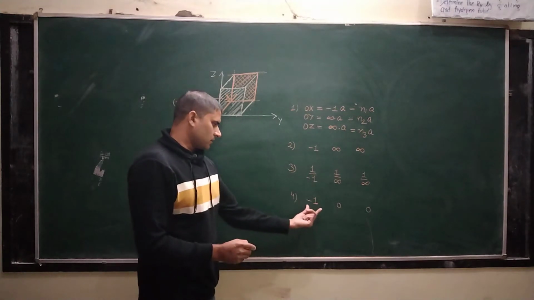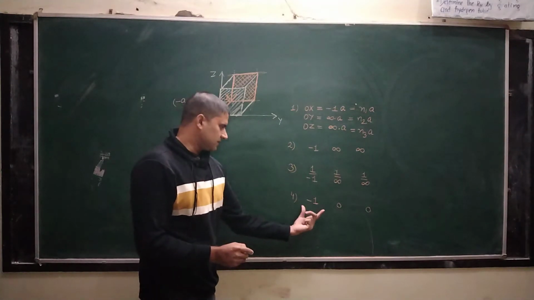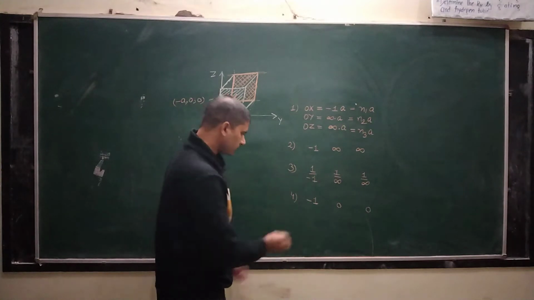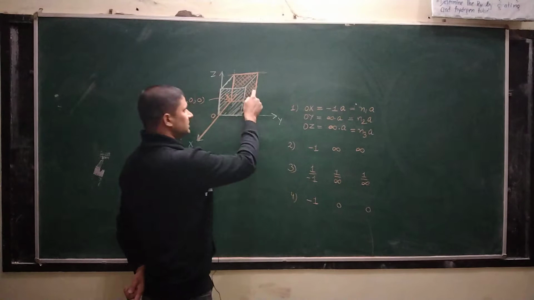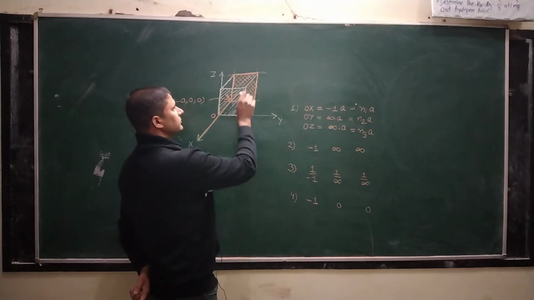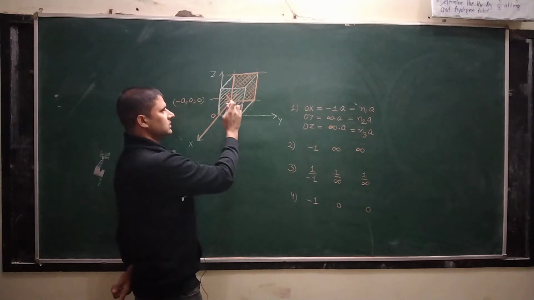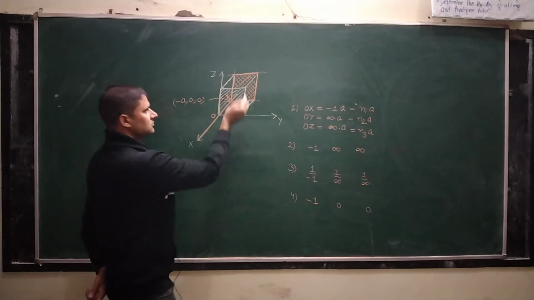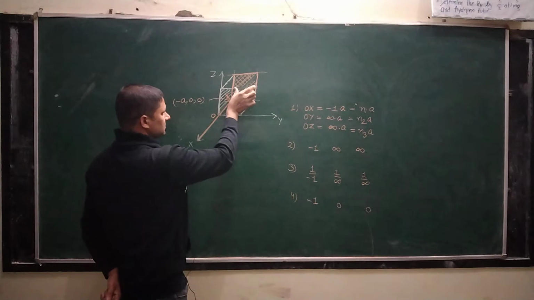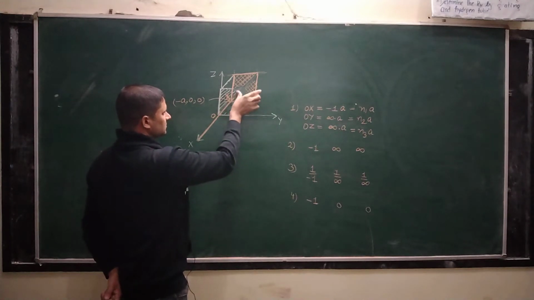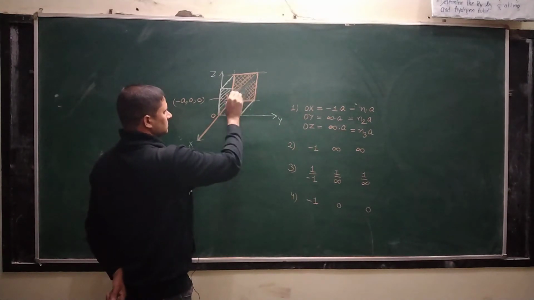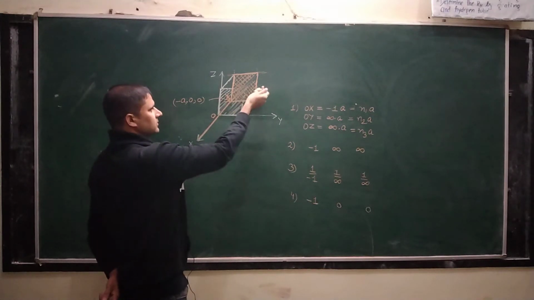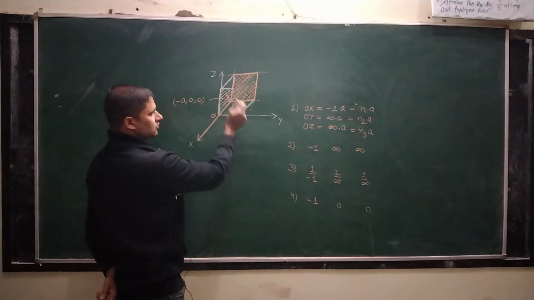Now how will you write these integers in the form of Miller indices? So the Miller indices for this particular face which is behind, which is intersecting the x-axis at minus a, okay. Let me show this face. This is the face, which is behind this one, okay class.